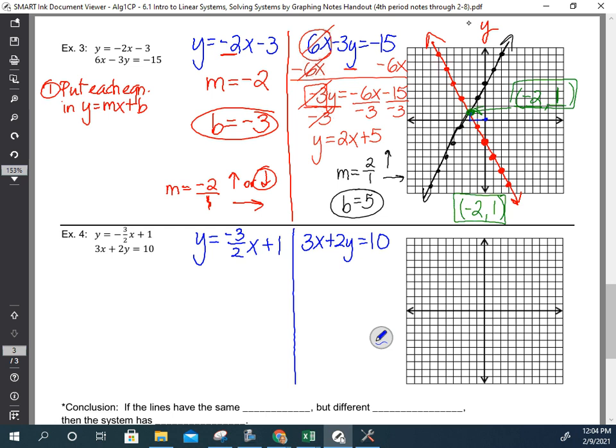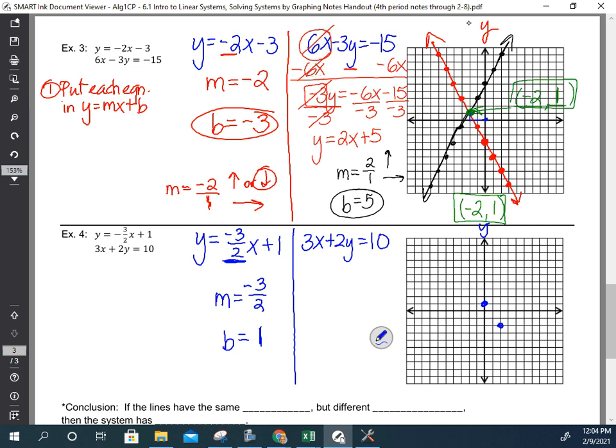First equation. The slope is -3/2. The y-intercept is +1. Go to the y-axis, put a dot on 1. Go down 1, 2, 3 to the right 2.